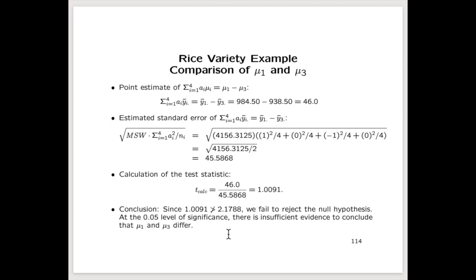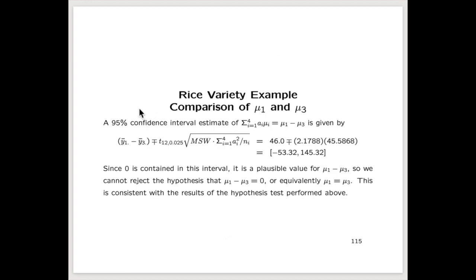At the 0.05 level of significance, there is insufficient evidence to conclude that mu1 and mu3 are different. A 95% confidence interval for mu1 minus mu3 ranges from negative 53.32 up to 145.32. Because that interval includes 0, we would not be able to reject the null hypothesis that mu1 and mu3 are equal at the 5% level.